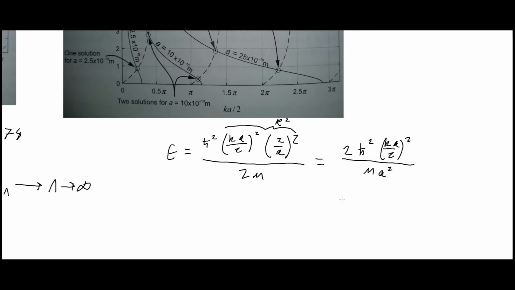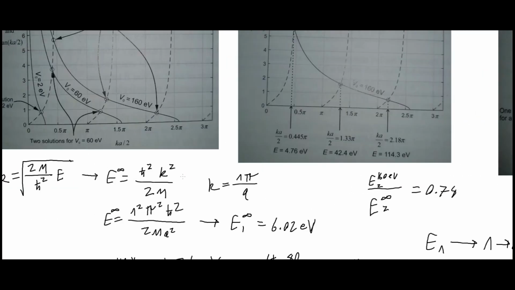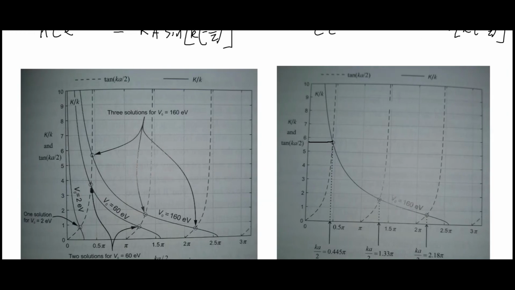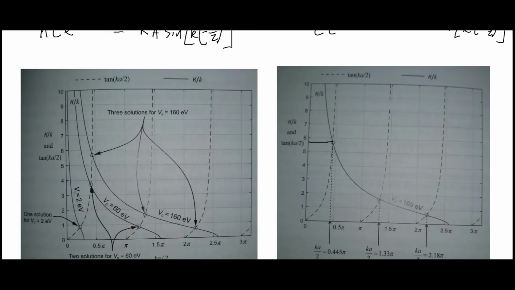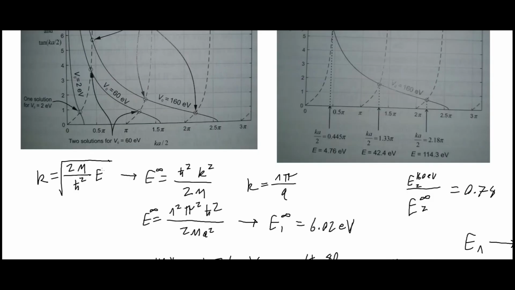And so if we plug in the highest value here, which is 3 pi, and then we use for the mass of the electron 9.11 times 10 to the negative 31 kilograms, and for a, I don't think it has it on here, but I do have it written down.